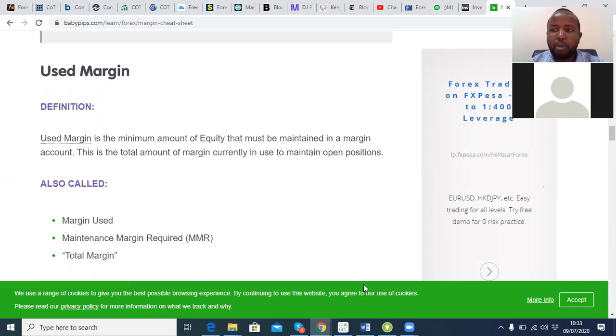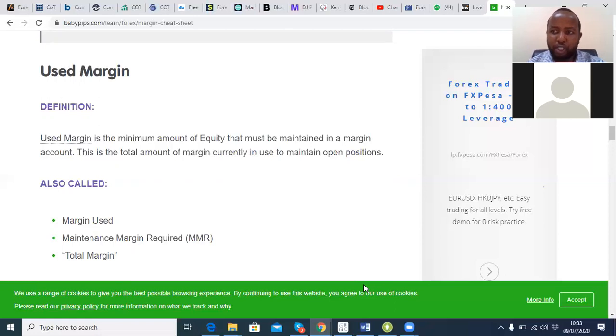I should always know how far I'd be willing to go in taking a loss in the account. So used margin is the minimum amount of equity that must be maintained in a margin account. This is the total amount of margin currently in use to open all positions.